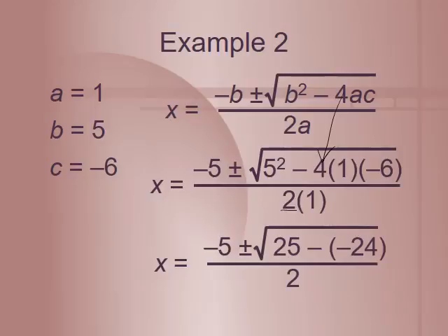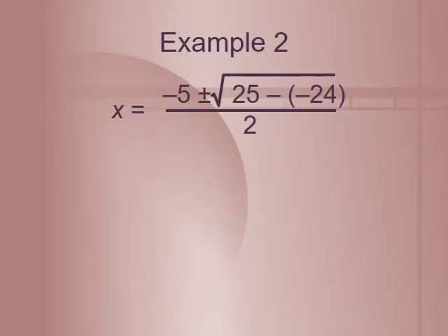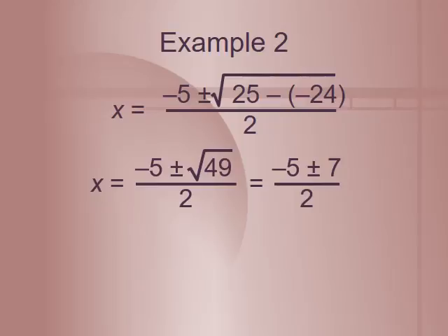And if we go ahead and work that out as much as possible, we end up with negative 5 plus or minus the square root of 49. We know that 49 is a perfect square, so that makes it turn out nice and easy. So we have negative 5 plus 7 over 2, or negative 5 minus 7 over 2. So we're going to have two different answers.